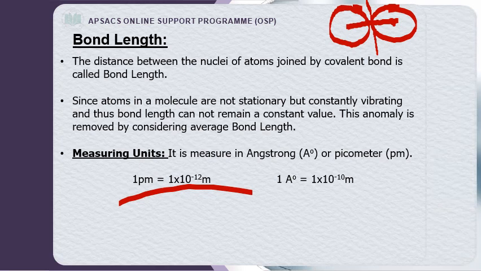It is taken from already bonded atoms, the distance between the two bonded nuclei. That gives you the bond length, and it tells you the bond strength, right? The larger the bond length, the weaker the bond. The smaller the bond length, the stronger the bond, right?